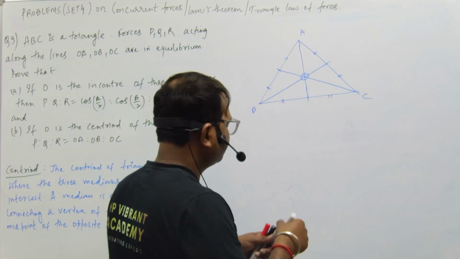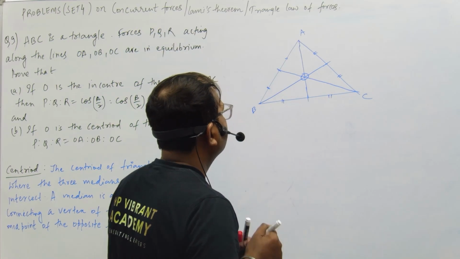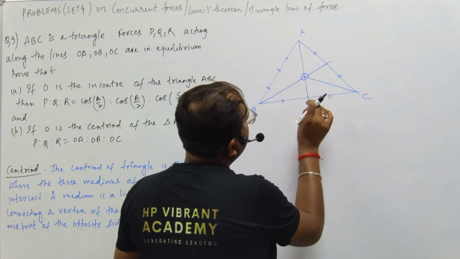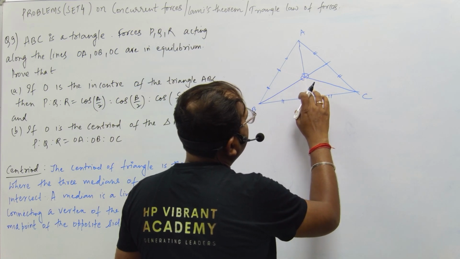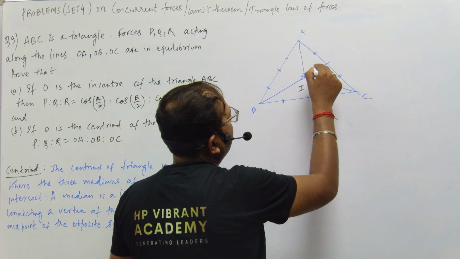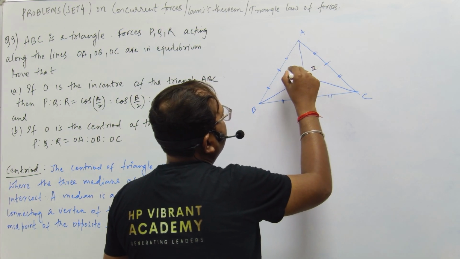One more concept is that the centroid generates three triangles. This is triangle 1, this is triangle 2, this is triangle 3.